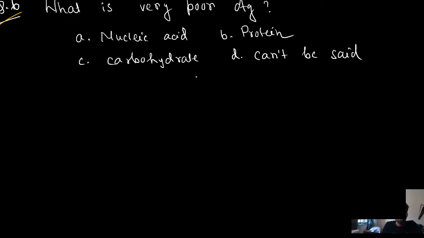Nucleic acid, protein, carbohydrate, and can't be said. There is something that is a very poor antigen. Do it faster, guys. Pratika is saying it's A, nucleic acid. Aman is saying it's A. Fantastic, guys. It's nucleic acid.